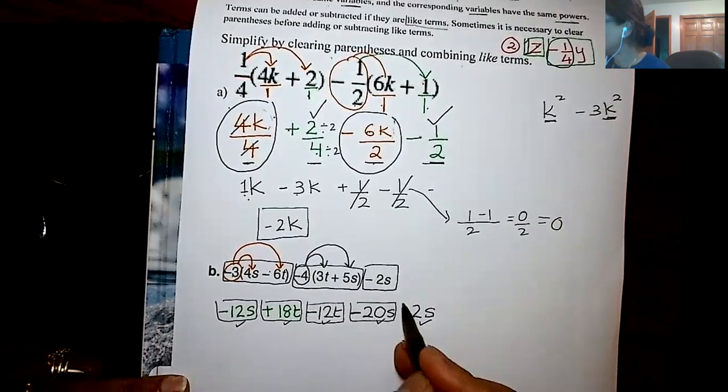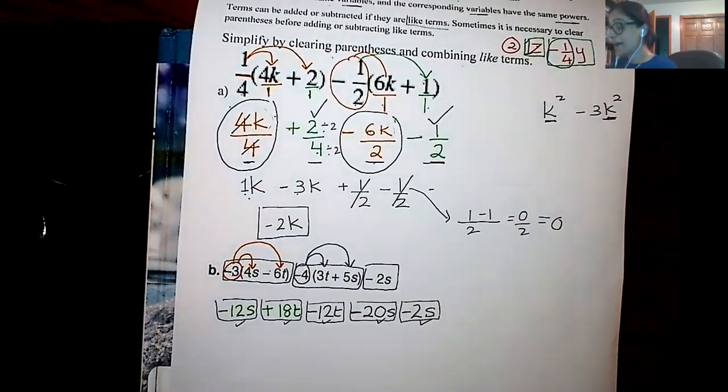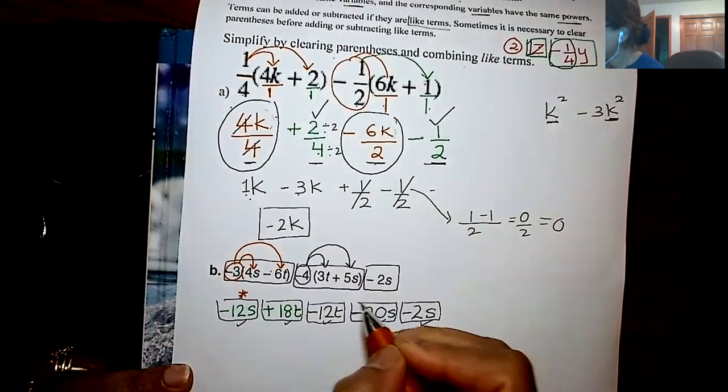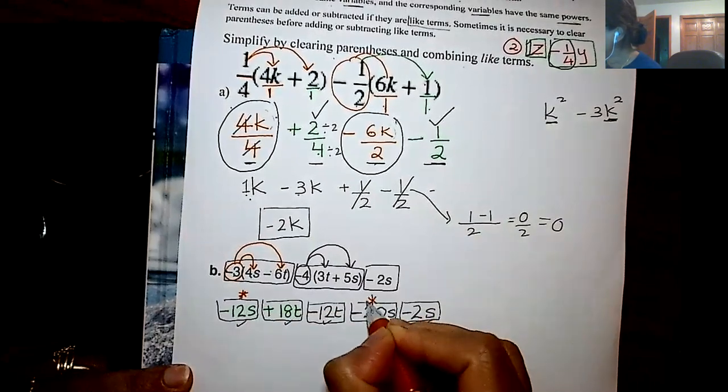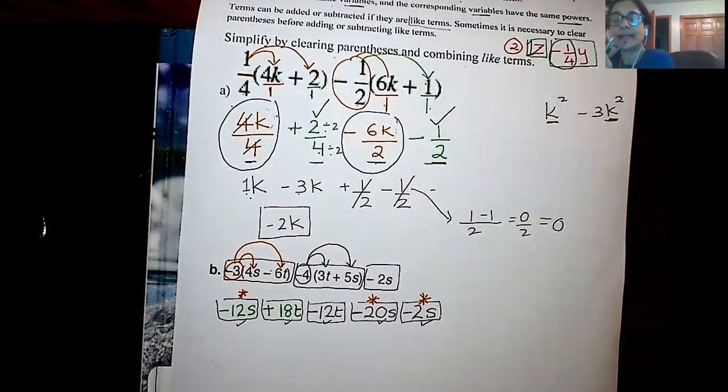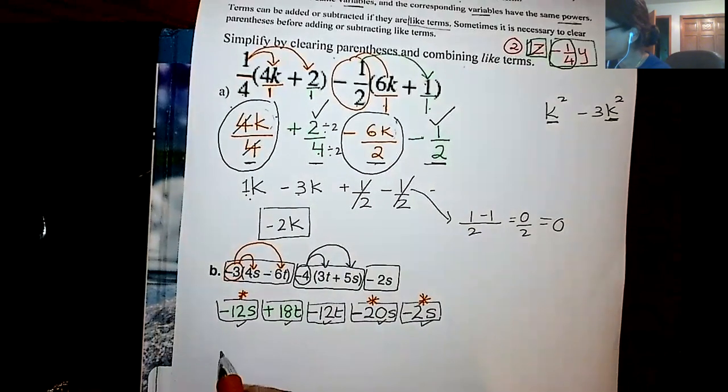Now, my next step is to combine like terms. When I'm combining like terms, I see this is a like term, and this is a like term, and this is a like term. So I will bring the like terms together. When I bring the like terms together, I make sure I bring the sign in front of it along with it.